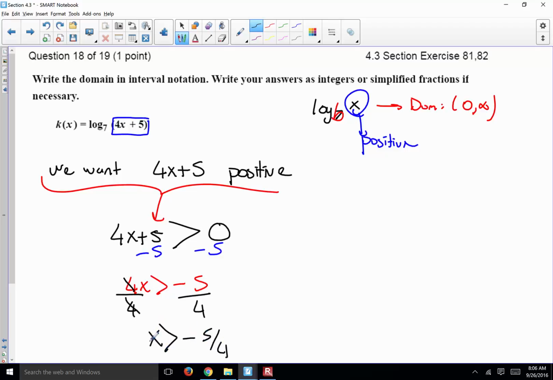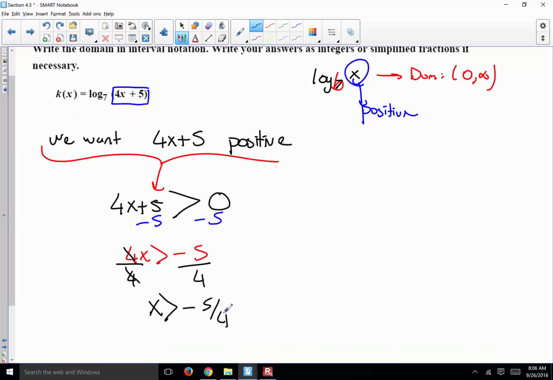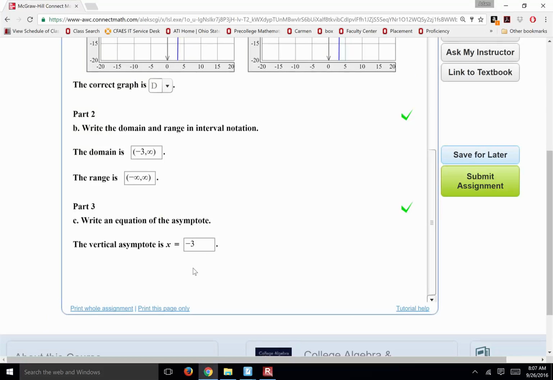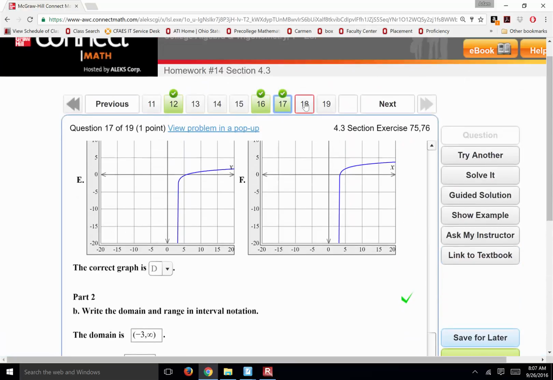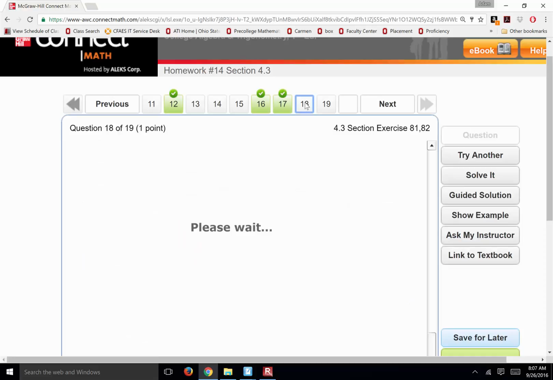the domain. The domain is all numbers greater than minus 5 over 4, but they want it in interval notation. All numbers greater than this number is parentheses, start with that number, comma, infinity. Okay? So this is easy. You don't have to sketch anything. They're just asking what numbers make the logarithm computable.